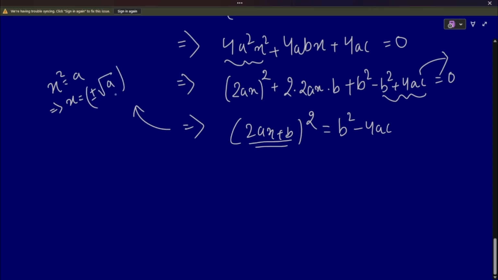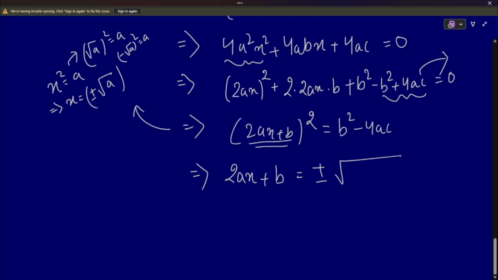There are two values because if you see carefully, root a squared gives you a, and minus root a whole squared also gives you a. That is why there are two values that will square up to a. So this now gives us 2ax plus b is plus minus the square root of b squared minus 4ac.